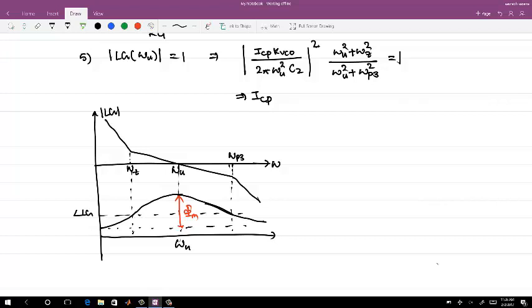Why both the things? It's a geometric mean of that, right? It's not an arithmetic mean. So let me give you a number, right?